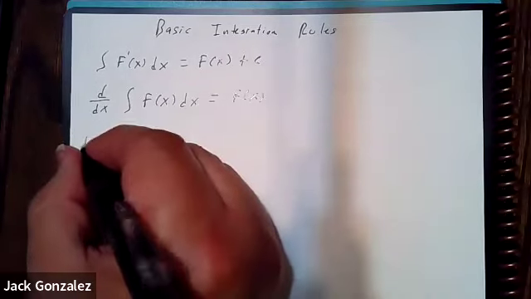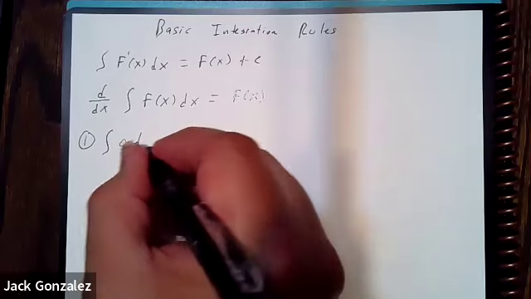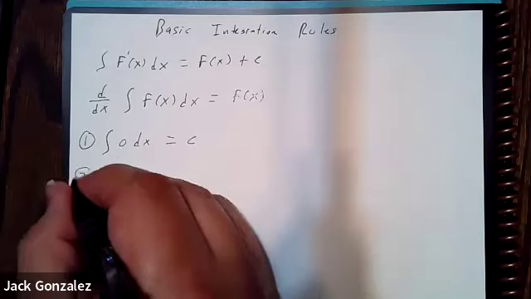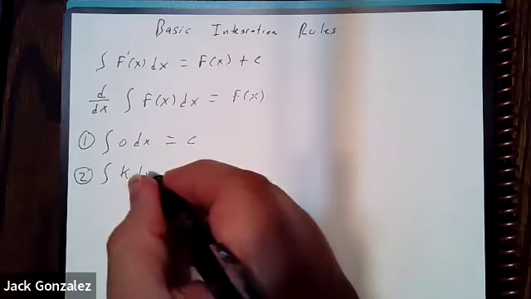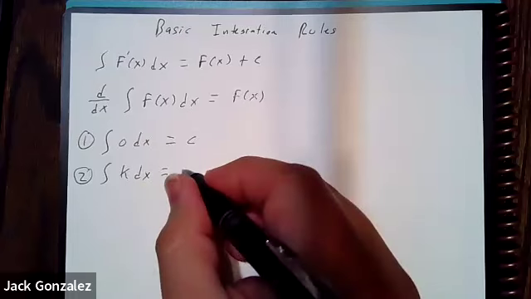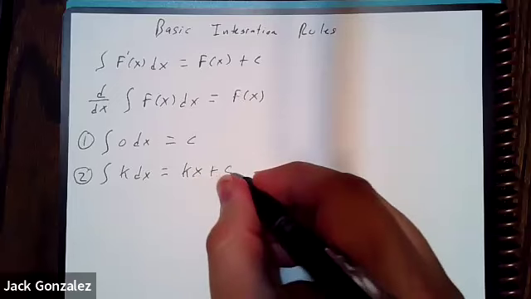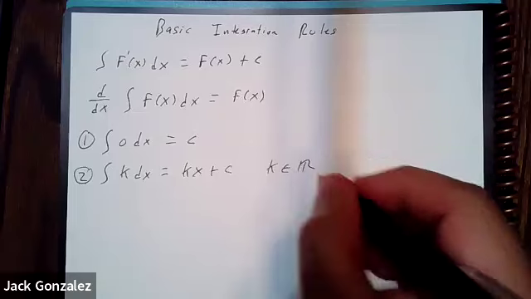All right, and here are the rules. Integral of 0 is equal to c. Integral of k dx is equal to kx plus c, where k is an element of the real numbers.